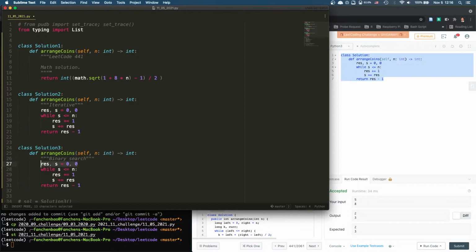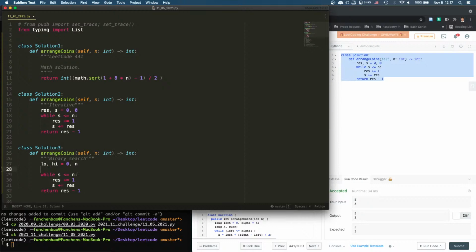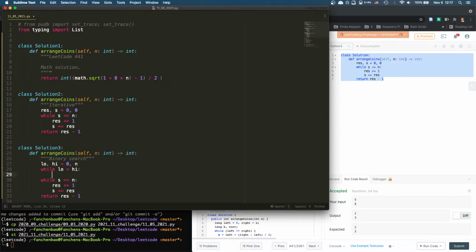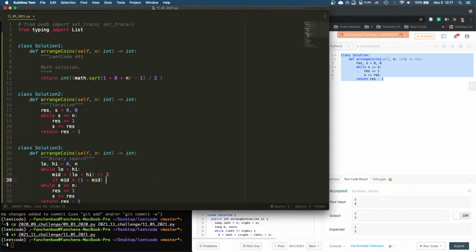So we have low, high. Low will be 0, high will be n. Yeah, because it will definitely be smaller than n. So n is a good higher bound. I'm going to say while low is smaller than high, and mid equals low plus high divided by 2. And then if mid times 1 plus mid divided by 2, that's the total.